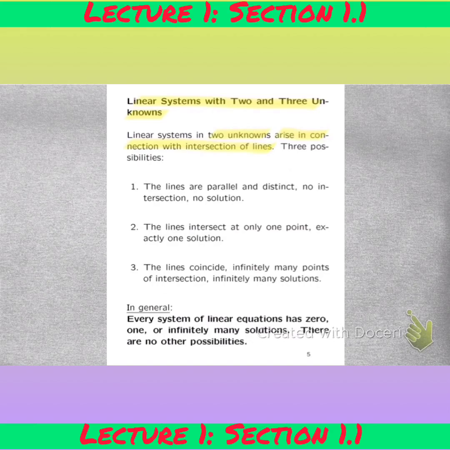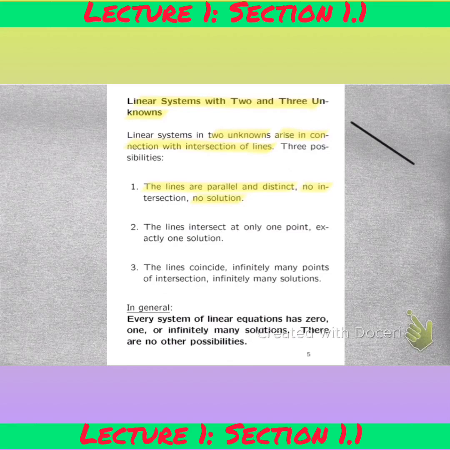Okay, so if you have a system of linear equations in 2 unknowns, and if the lines are parallel to one another and they are distinct, then this particular system will have no solution because there will be no intersection.